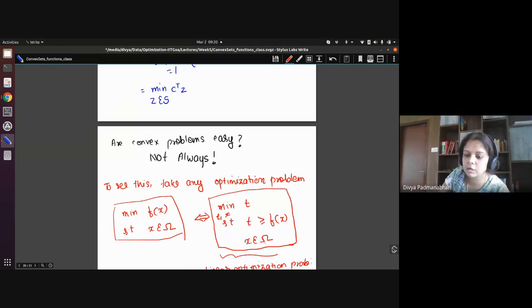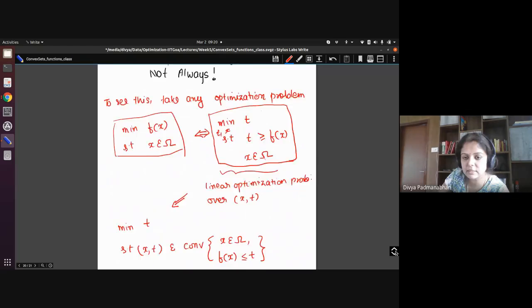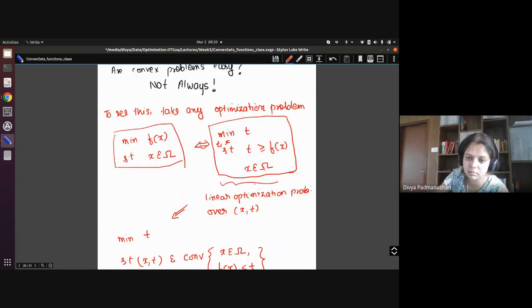So this is now linear, right? The objective is a linear function of the variables because it's just t. So now what you could do here is again write this as a convex hull. We just saw that if you have a linear optimization problem over a set, you can replace the set with its convex hull.